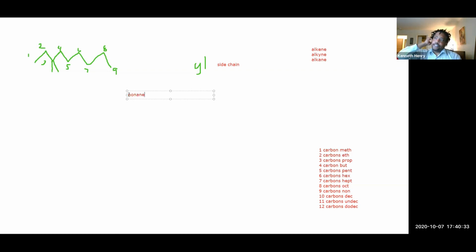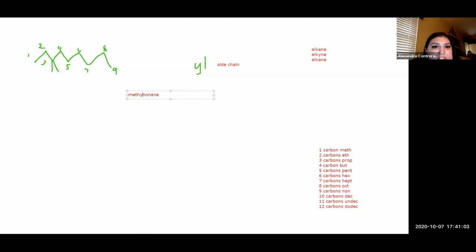Okay, nonane. So here, where are these carbons coming off of? The third one. So here, since there's two, are they two single carbons? What would be the name for one carbon coming off the side? Meth. Meth what? Methyl.